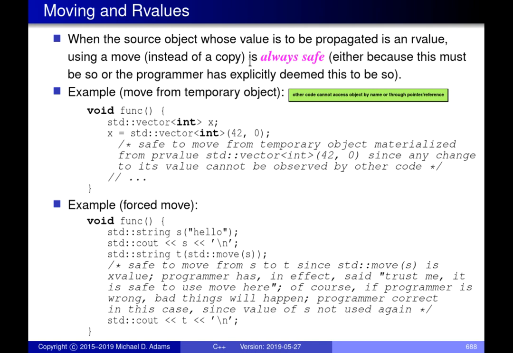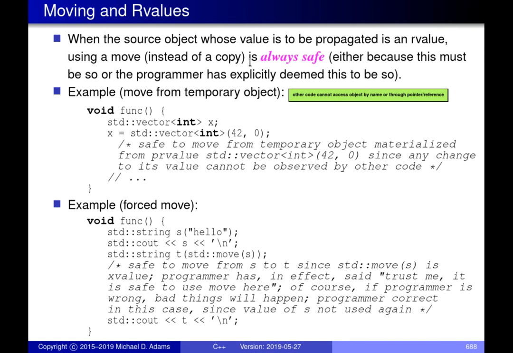The two examples that I have on this slide help to illustrate this. The reason it's safe to move from a temporary object is that temporary objects have no name. Remember, one of the defining properties of a temporary object that's introduced by the compiler is that it has no name. And what you have to think about is, if you replace a copy with a move, and as a result of doing the move you mangle the source of the move operation, how can that have a negative impact?